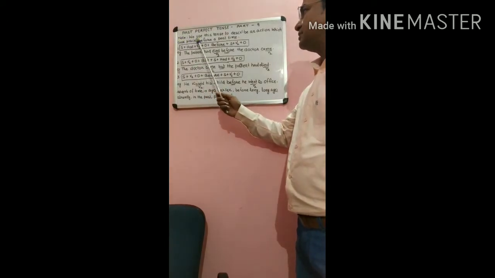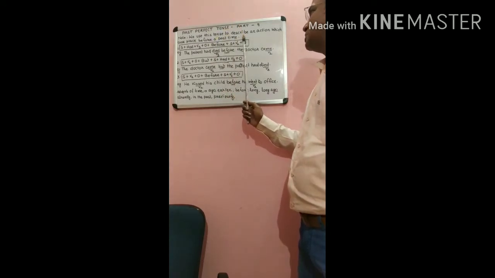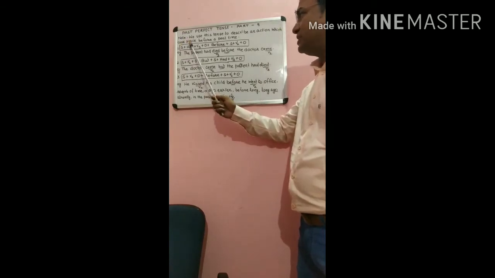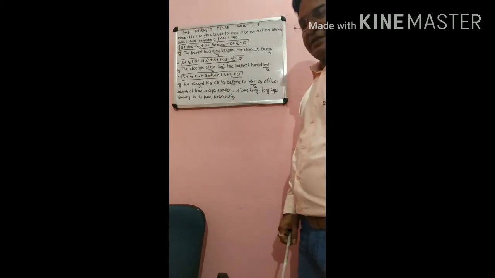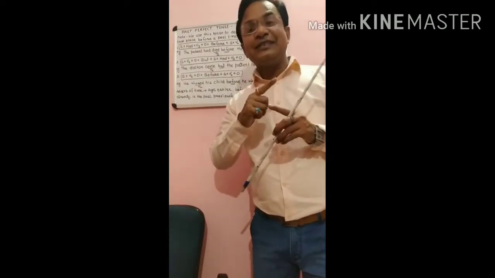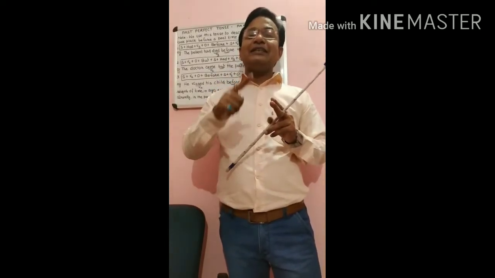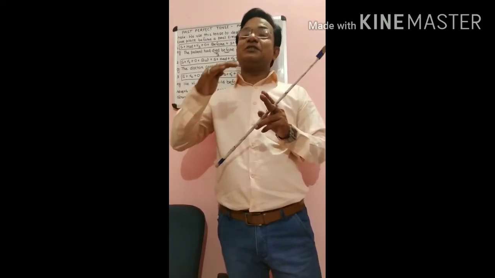We use this tense to describe an action which took place before a past time. Which took place before a past time means that in past perfect tense we shall study those actions which have already taken place in a late past time.